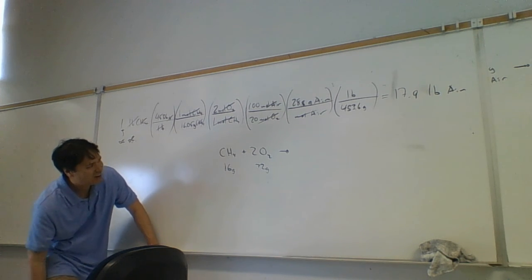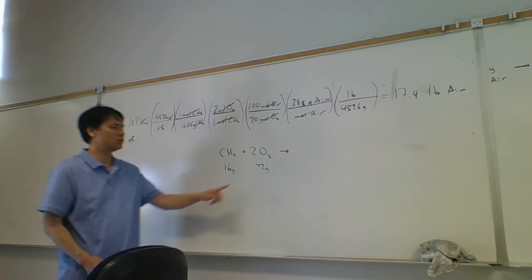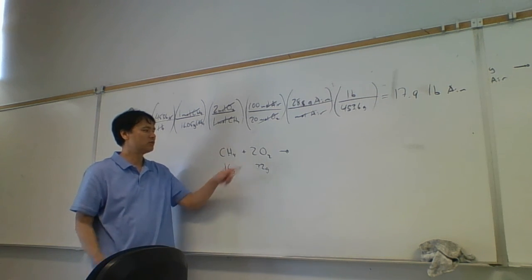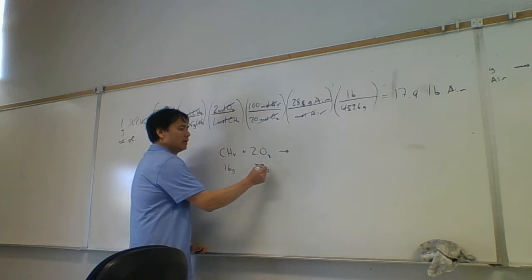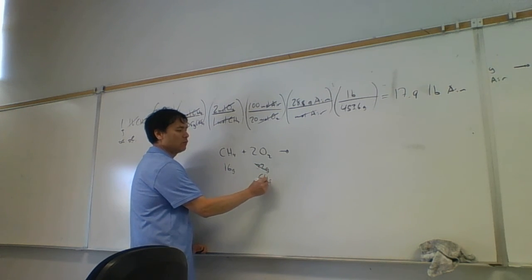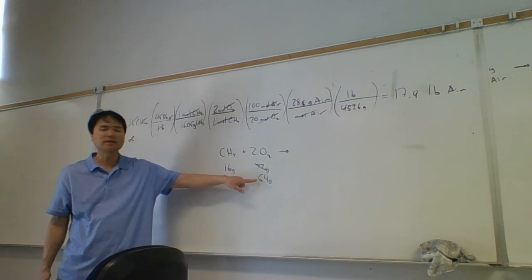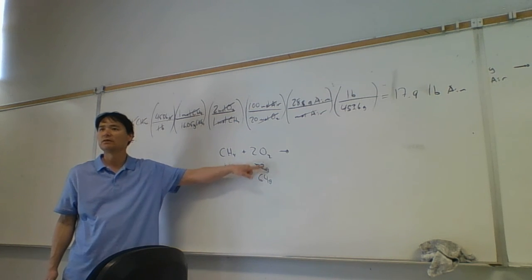It turns out no, because 32 would be for 1 O2. How many O2s do we have? We have 2 O2s. And so the mass is actually 64 grams. So for every 16 grams of methane, I need 64 grams of O2.